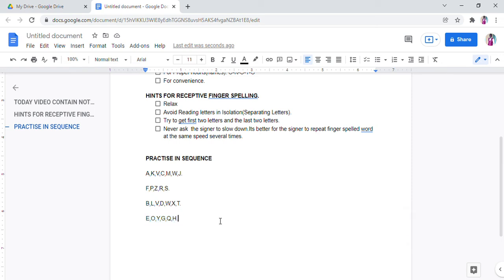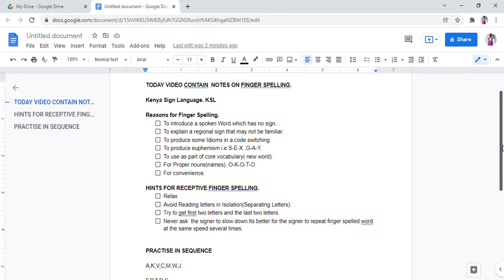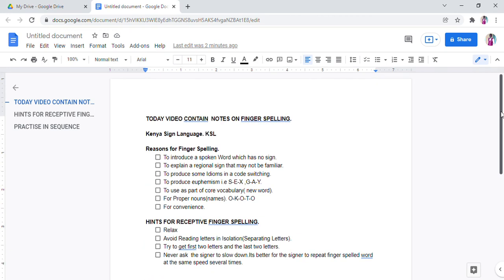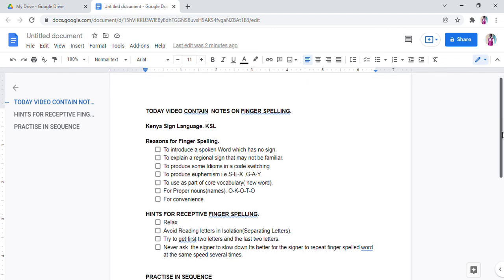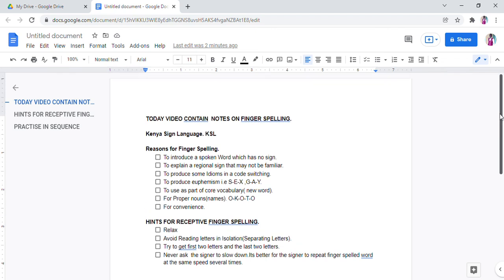So upon doing that, you will really realize that the knowledge of fingerspelling, the alphabet, is very, very different. Fingerspelling is a very important way of communication for the hard of hearing. So kindly, as we learn Kenya Sign Language, this is also part of it.